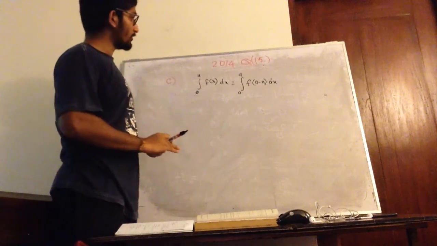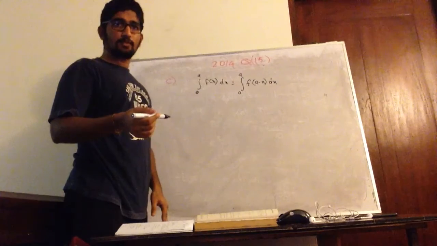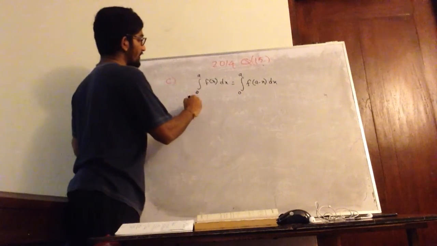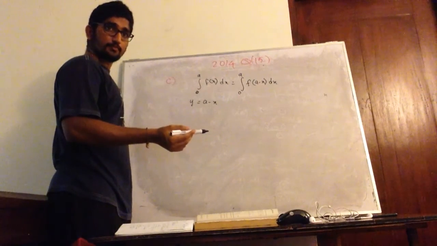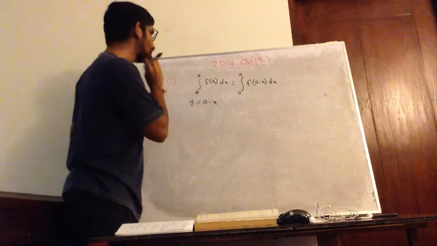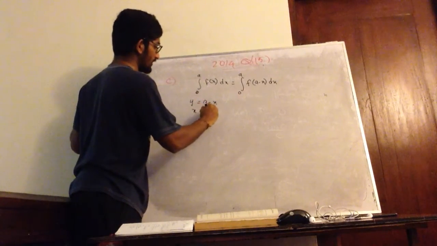Okay. So what I'm going to do here is put a substitution. The substitution is y equals a minus x. So now here I can make x equals a minus y.